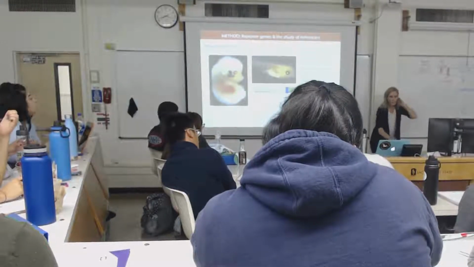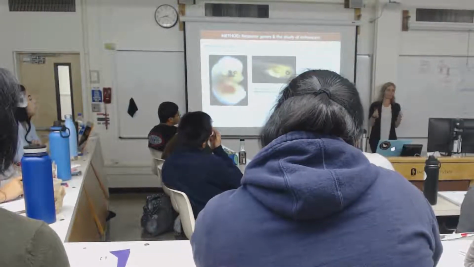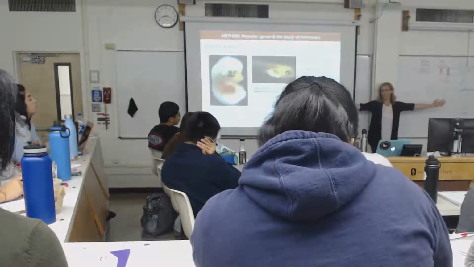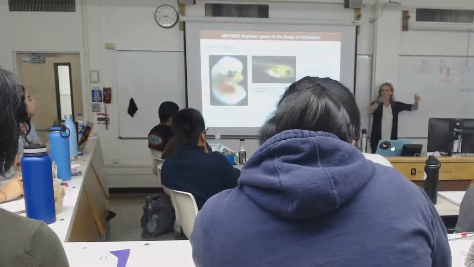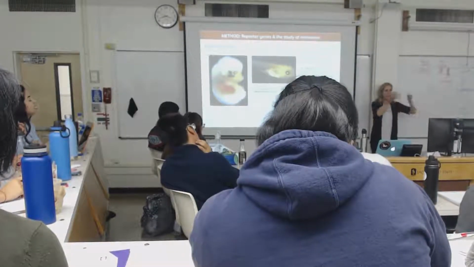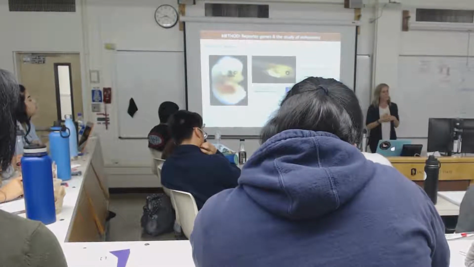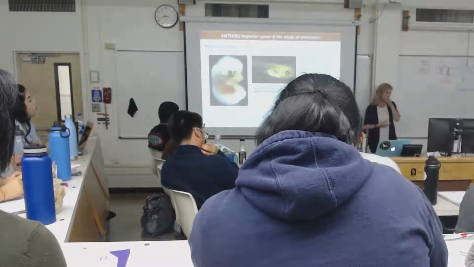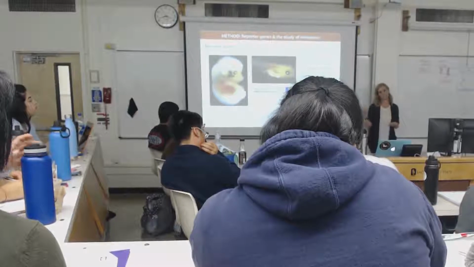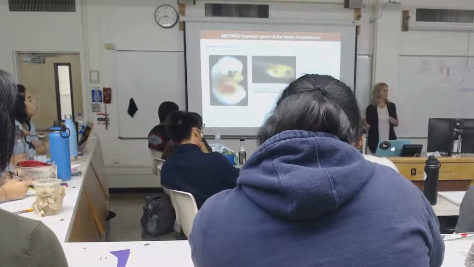So this is useful if scientists are trying to figure out where the enhancer region is. They can take big regions and start cutting them up in different patterns to try to locate where the actual enhancer is.